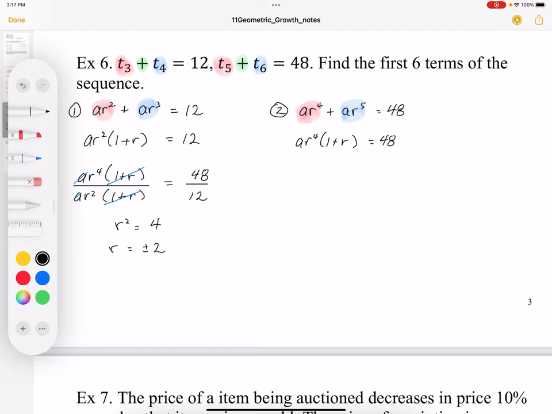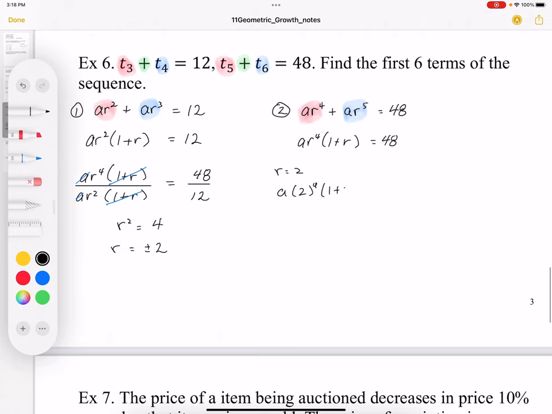Okay, so once I've solved for R, I can substitute this back in. When R is equal to 2, I'm plugging into one of these equations and solving for A. So A times 2 to the power of 4, I'm just plugging into this equation above, times (1 plus 2) equals 48.